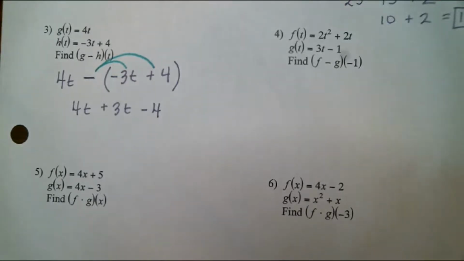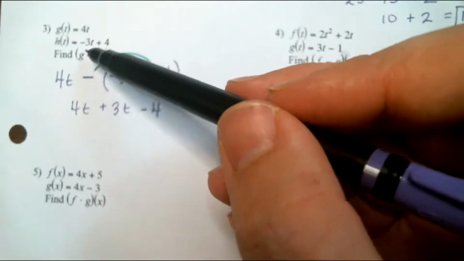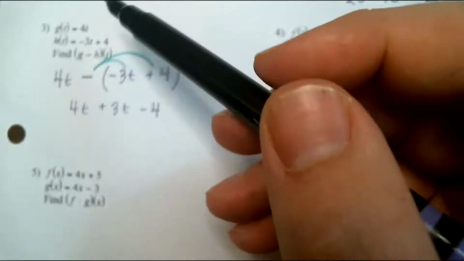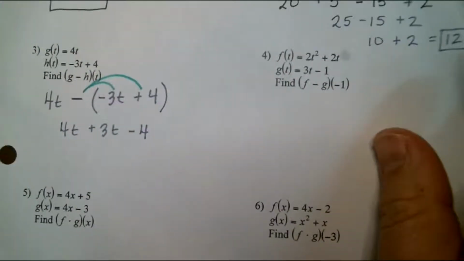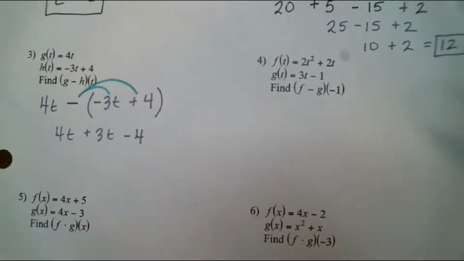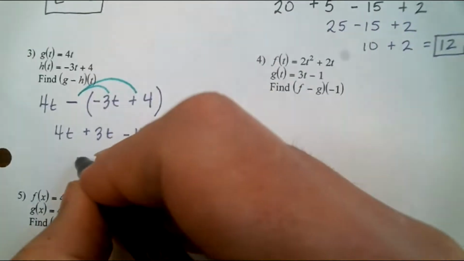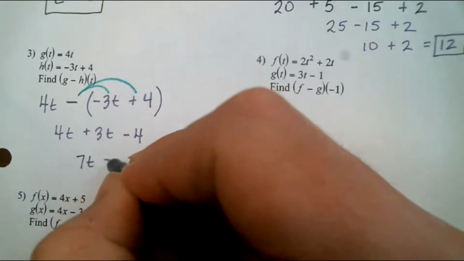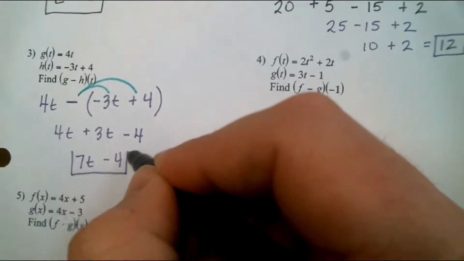Correct. Only when it's a subtraction. If you go back to all the lessons we've done, when you subtract two things, you always got to put whatever's to the right in parentheses. So that's just with subtraction. And then 4t plus 3t would be 7t minus 4. And we're solving this in terms of t. So we can say 7t minus 4.